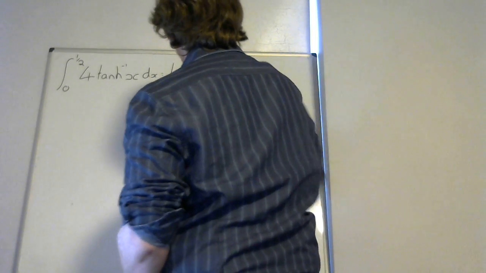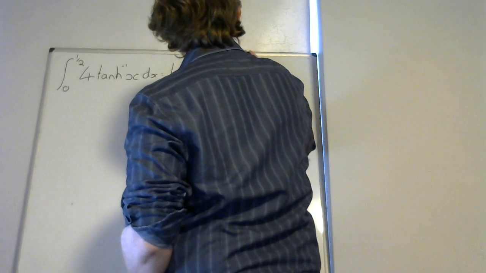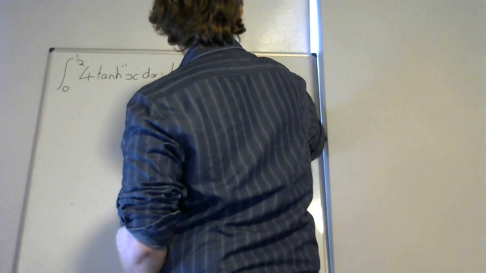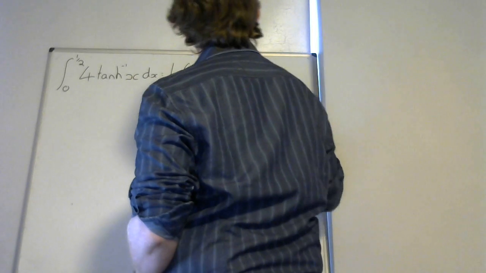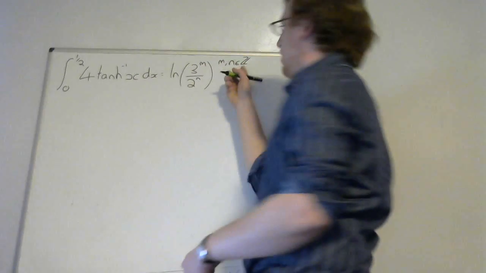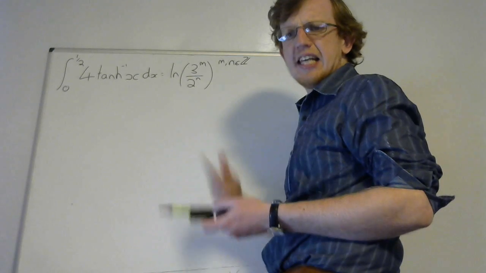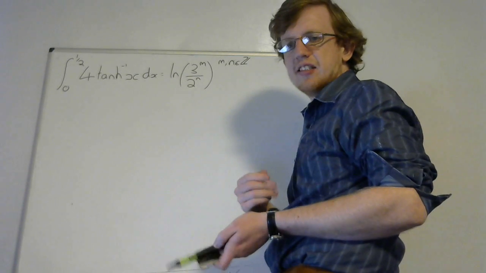I bet it says where m and n are integers. Yep, don't even need to look. So when m and n are integers, part of the Z with the weird line down it, that just means the integers.